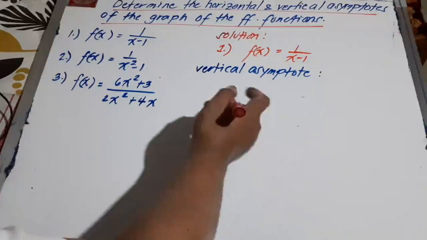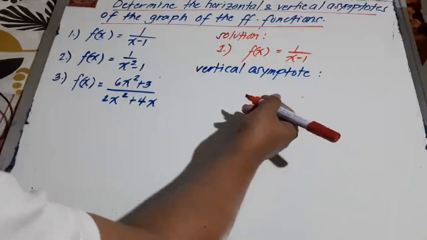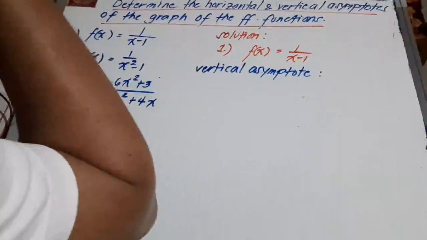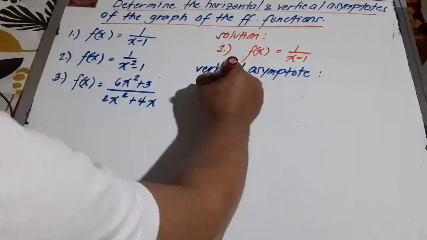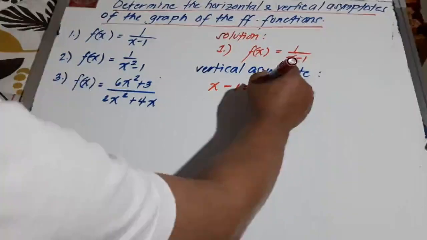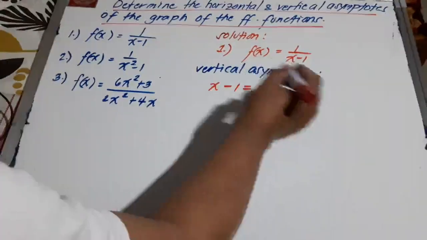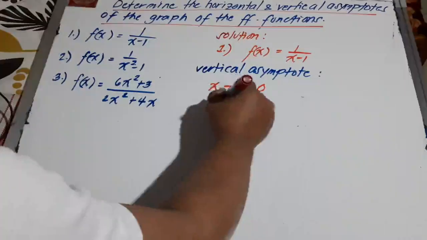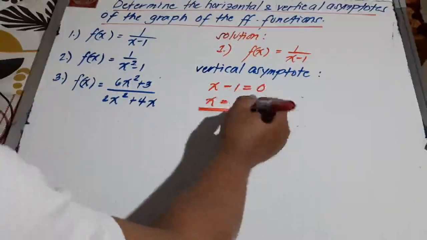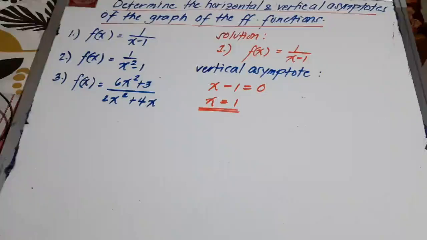And the restriction is x equals 1. I obtained the value of x equals 1 by equating the denominator to 0 and solving for x. Transposing negative 1 to the other side, we have x equals 1. So this is the vertical asymptote of the first rational function.